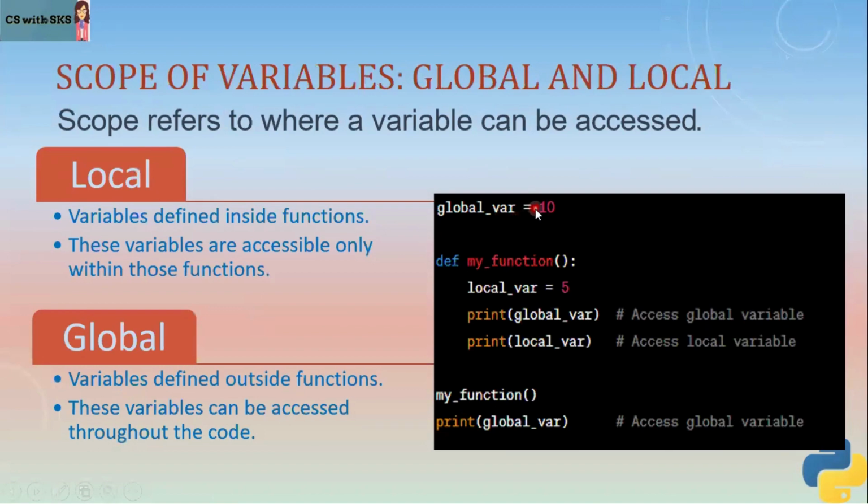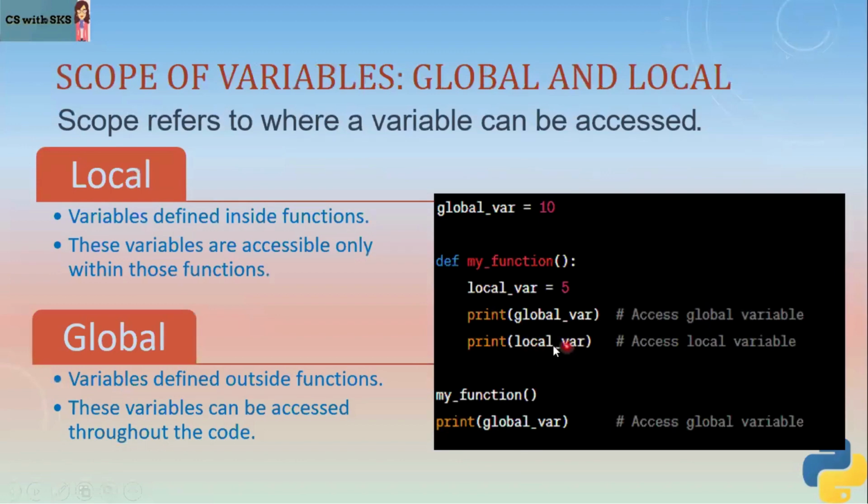Global is outside, however, because it is global, I can use it inside the function body. Then there is a function call where both values will be printed, 10 for global and 5 for local. And I can also print the global variable anywhere else.